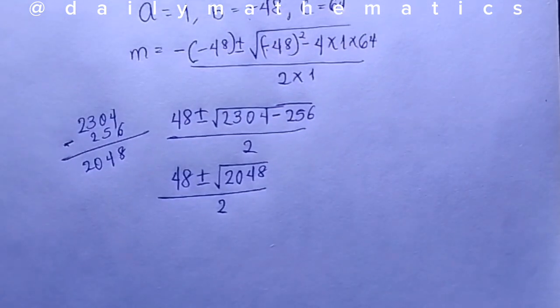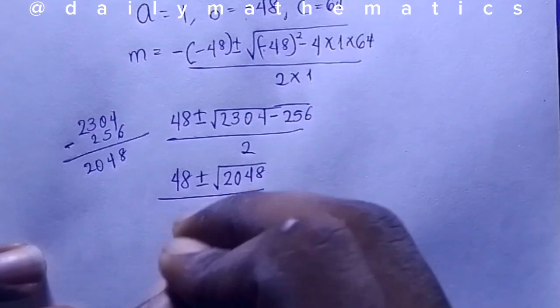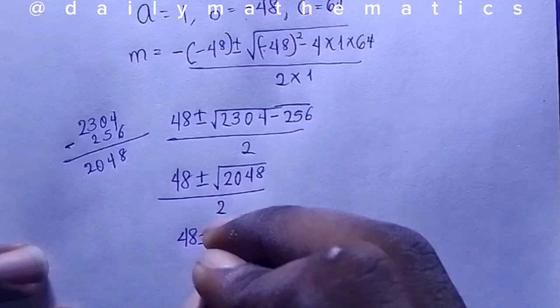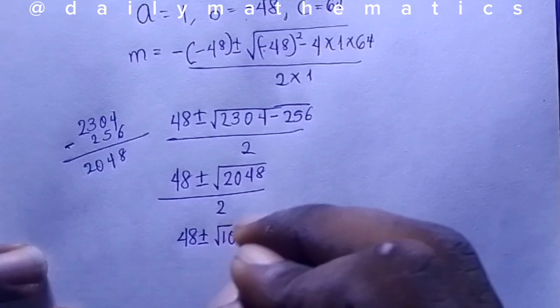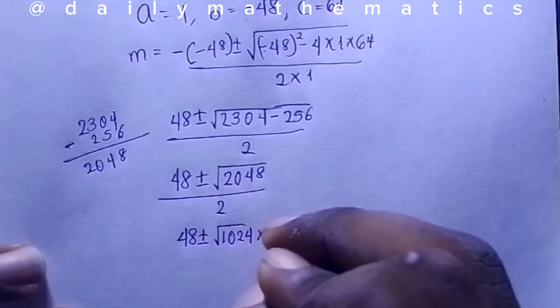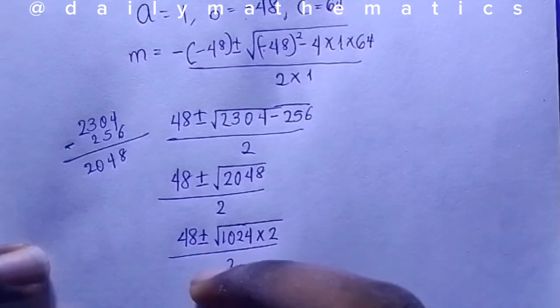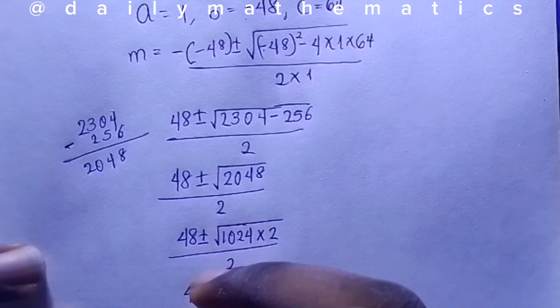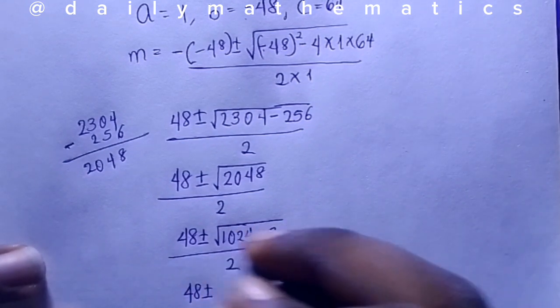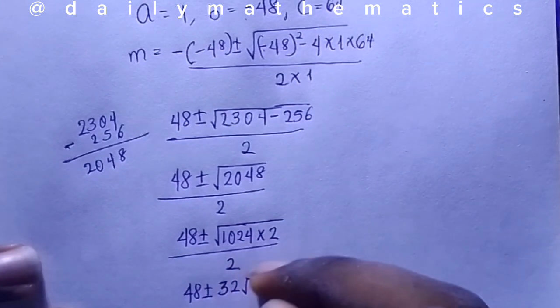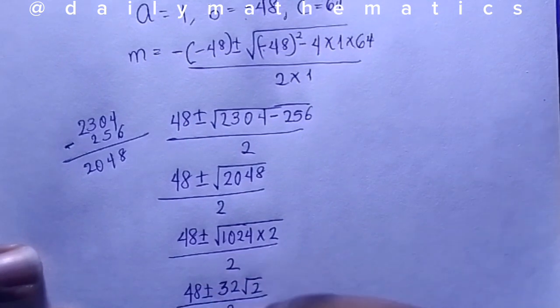So what's the next thing to do? From here we have 48 plus or minus the square root of 2048, which can be 1024 times 2, over 2. The square root of 1024 is 32, so 32 root 2 over 2.